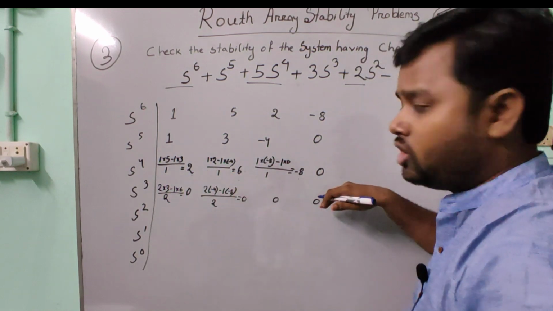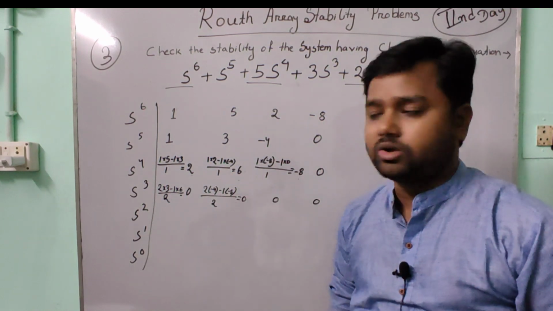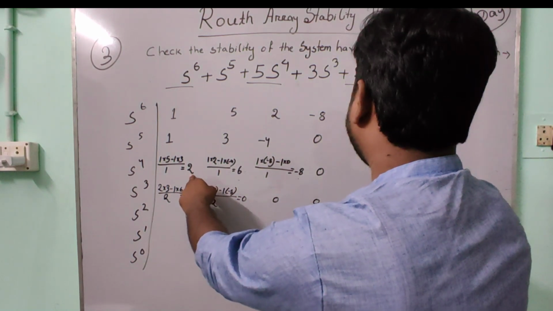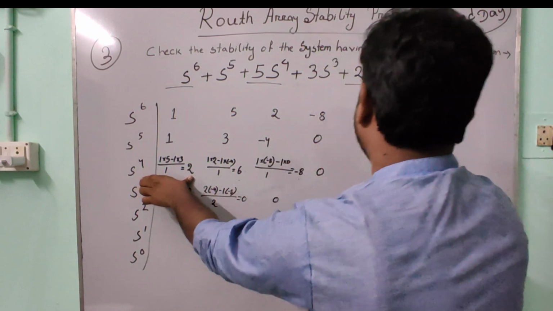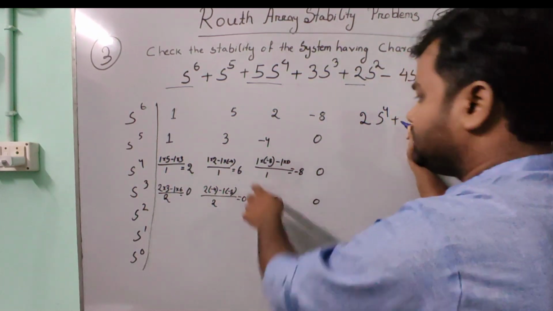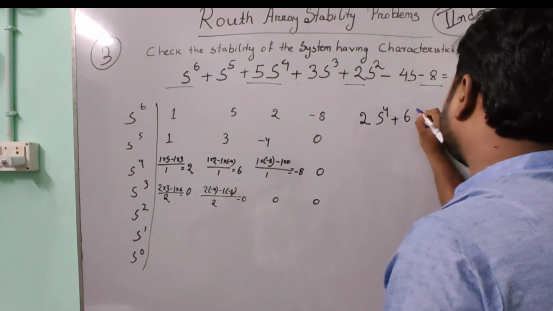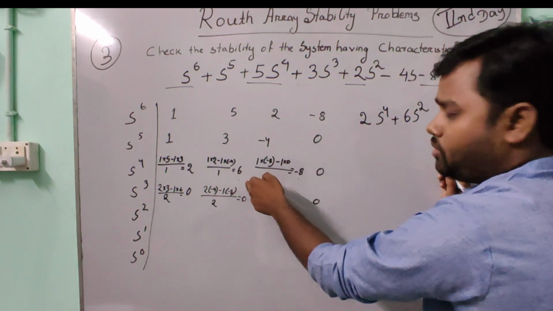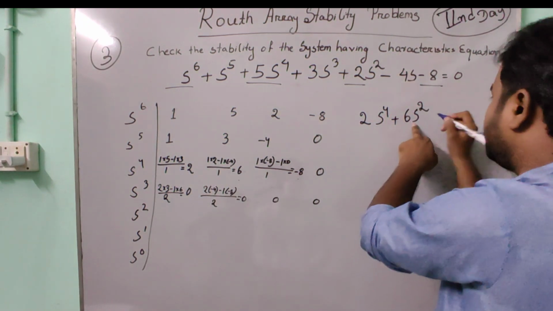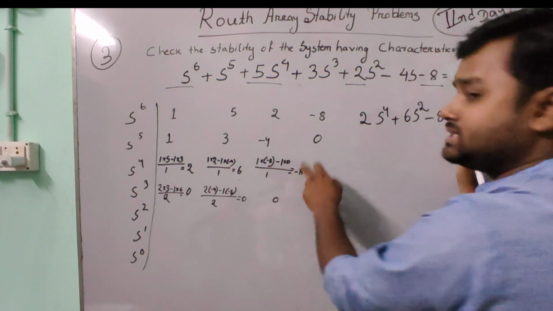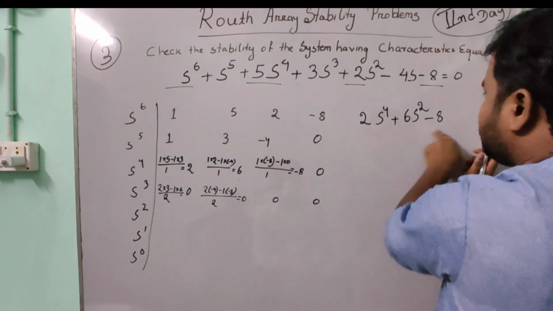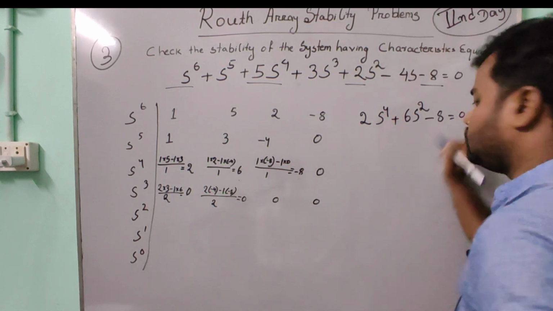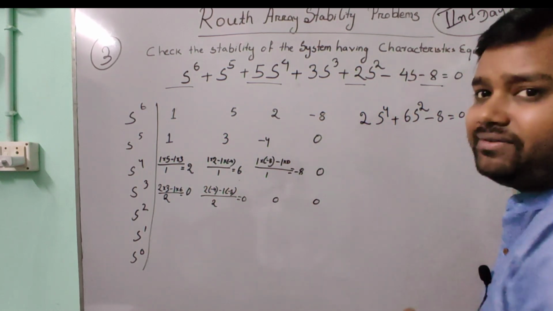In the upper line we have to form an auxiliary equation. The value is 2, so we write 2s^4. Next, the coefficient is 6, so 6s^2, because it is an even power again, and then the value -8 with s^0. So this will be 2s^4 + 6s^2 - 8 = 0, and we have to find its derivative.